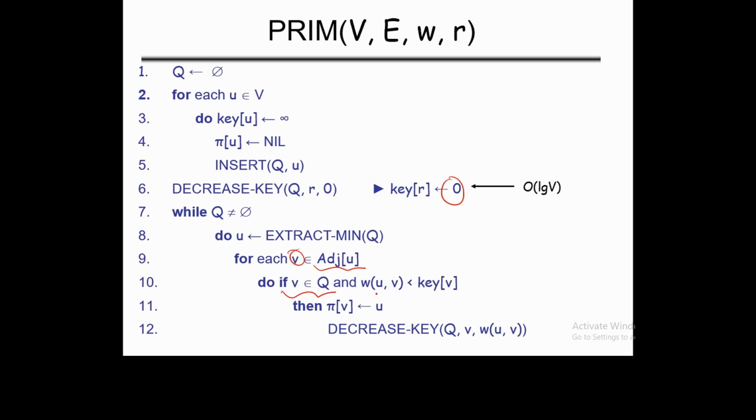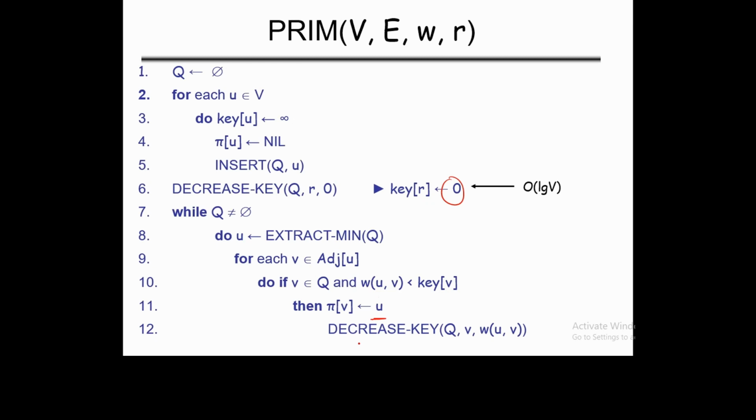अच्छा, and the other thing is weight from u to v must be less than the key of v. एक तो Q के अंदर होना चाहिए वो और दूसरा उसका जो key है that will be greater than the edge weight between those particular two vertices. Okay, and if it is so, then the parent of v will be u.